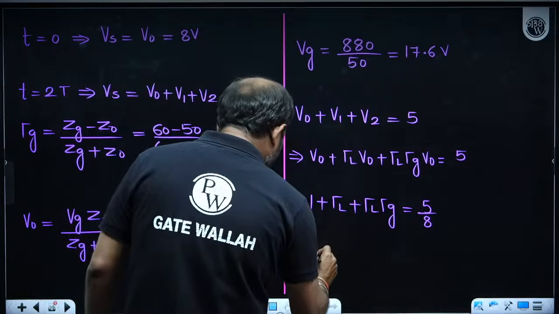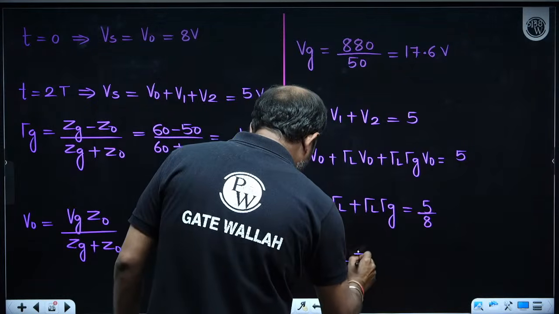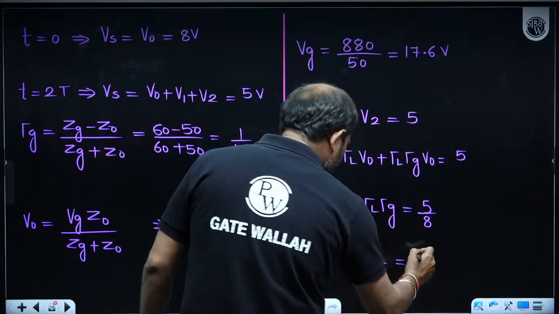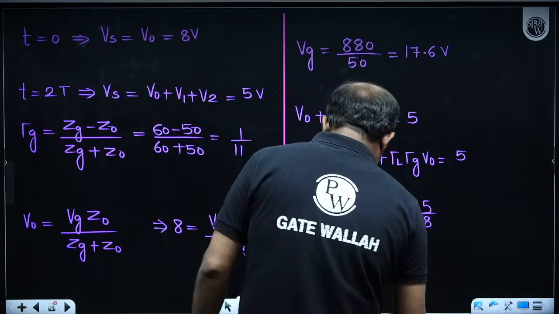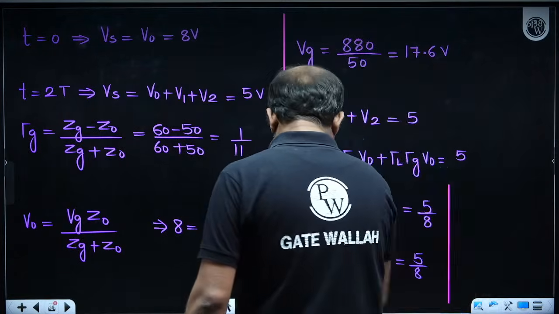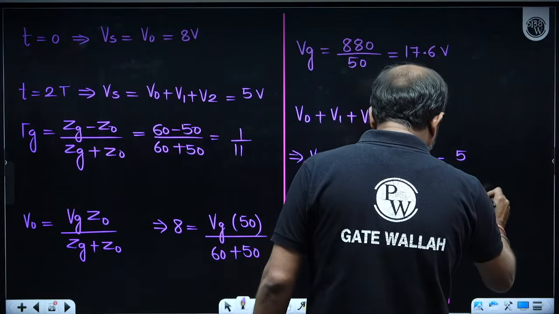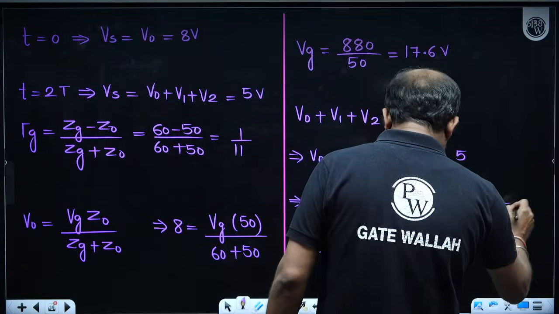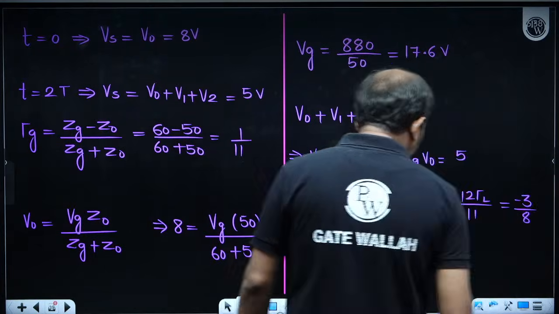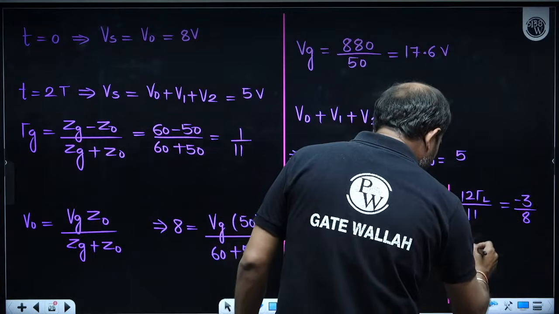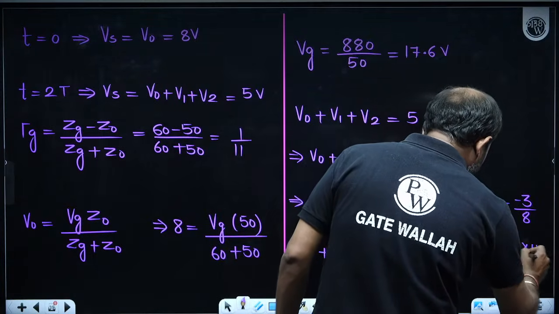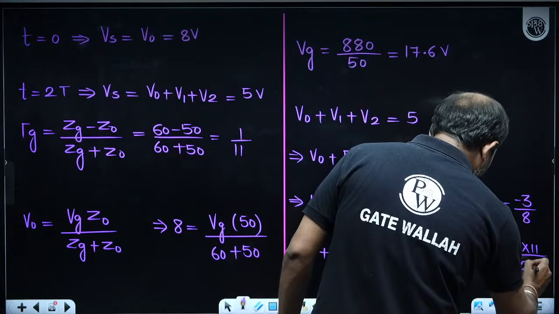So 1 plus gamma L, and gamma L by 11, is 5 by 8. So 12 gamma L by 11 is equal to 3 by 8 minus... so gamma L is equal to minus 3 into 11 divided by 12 into 8.